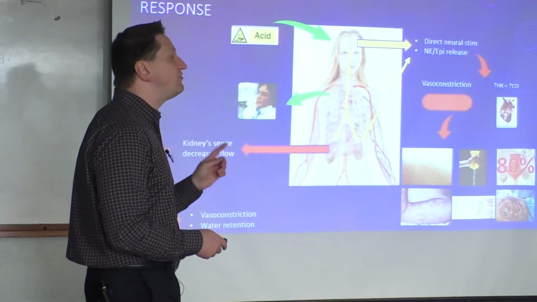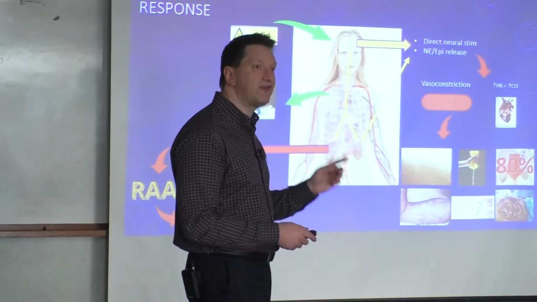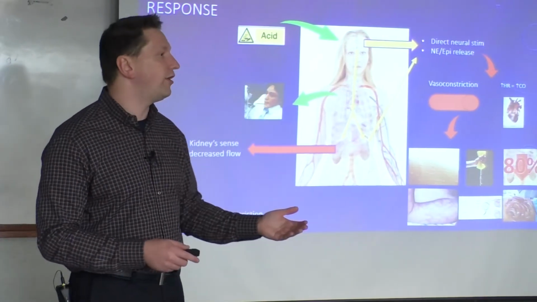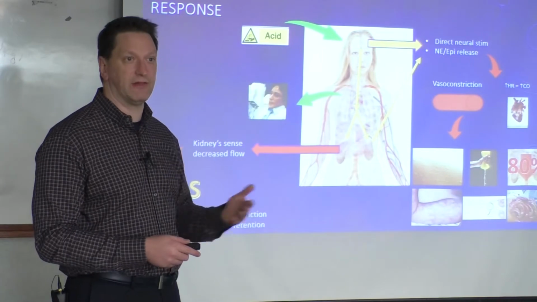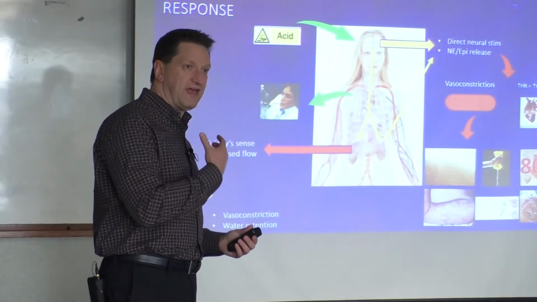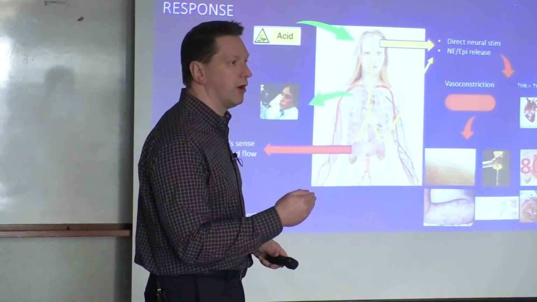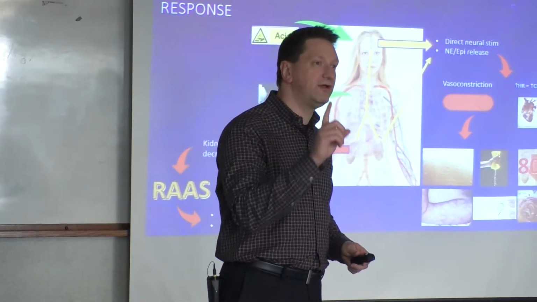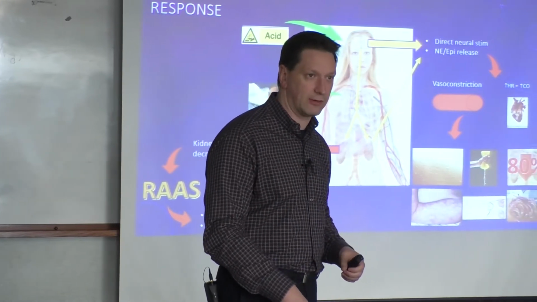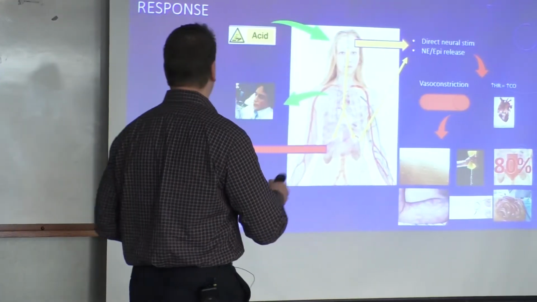So, the body has not come up with better sensors and it has not come up with better reflexes in the 200 years that we've actually been able to live longer than 40 years old. So if any of these sensors are telling your body, my blood pressure is low, your body has only one assumption that it's going to make, and that is that you just had your leg bitten off by a saber-toothed tiger. Okay? And here's what's going to happen.